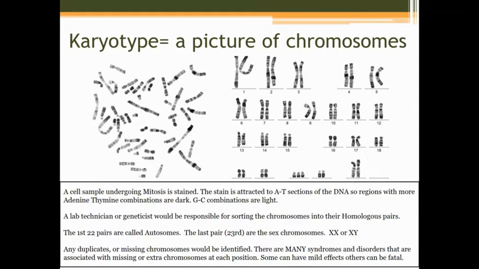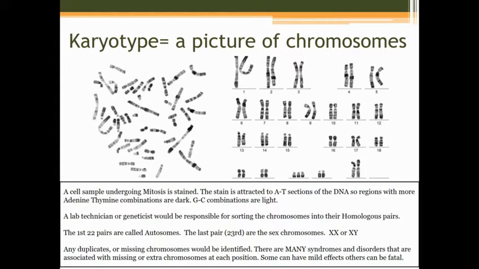The stain will attract and bind to the A's and T's, that's adenine and thymine, of the DNA strand. And so areas that are heavy in A's and T's get really dark, and areas that are lighter in A's and T's and have more C and G, which is guanine and cytosine, well, those are going to be lighter.